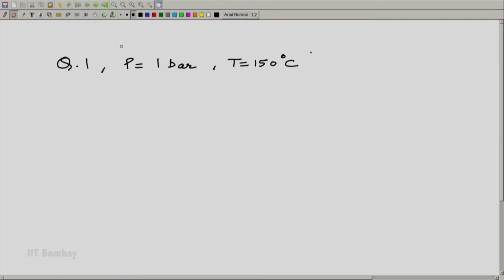So, question number 1 is P is equal to 1 bar and T is equal to 150 degree centigrade. In the steam table we have pressure in MPa. So, P is equal to 1 bar becomes P is equal to 0.1 MPa, and T is equal to 150 degree centigrade.